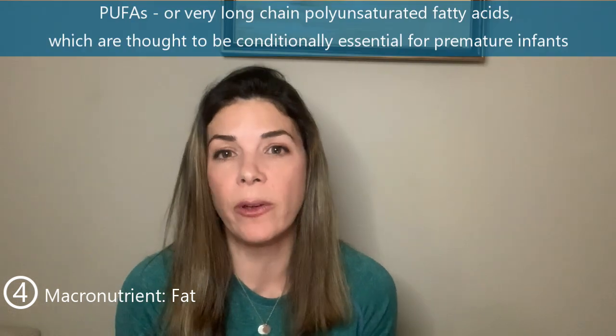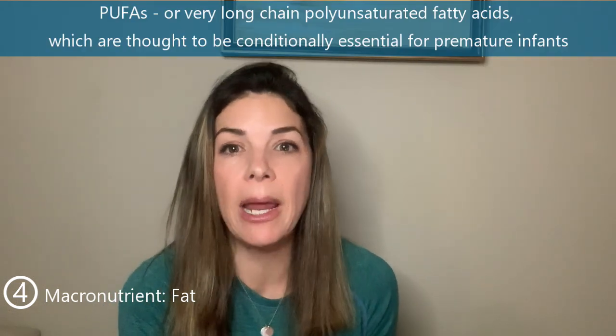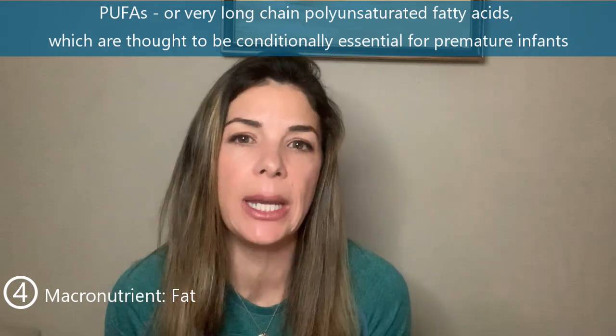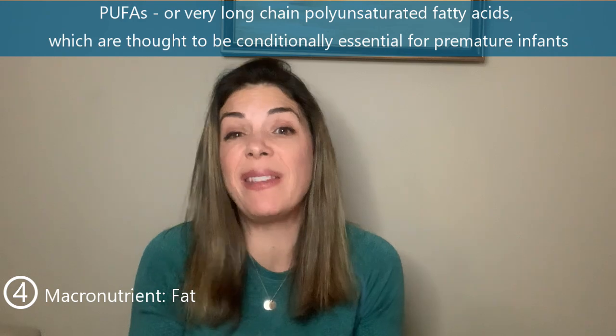There is also a lot more research being done recently on PUFAs, or very long chain polyunsaturated fatty acids, which are kind of conditionally essential. So we've basically extrapolated from adults, and adults are capable of making these fatty acids, and so we initially considered them to be fatty acids that could be made by infants. But just like with the amino acids, effectively, the infants are under constant stress.